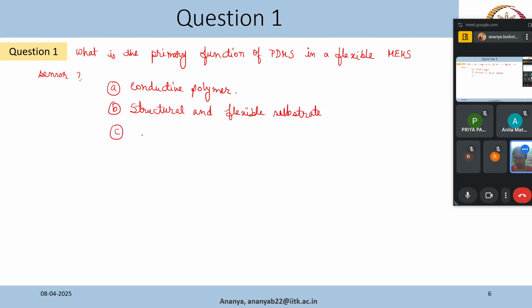C is insulating layer. D is adhesion. So it's a very simple question, all of you can answer. Tell me the answer in the chat box.